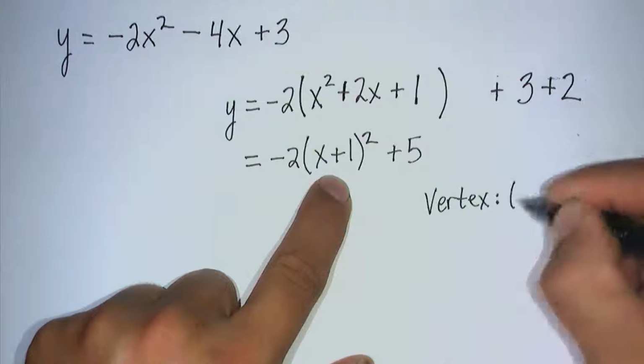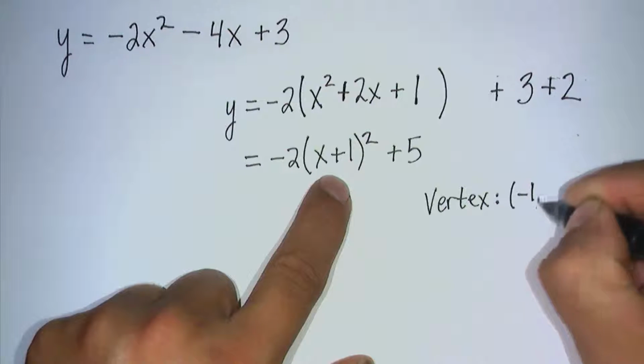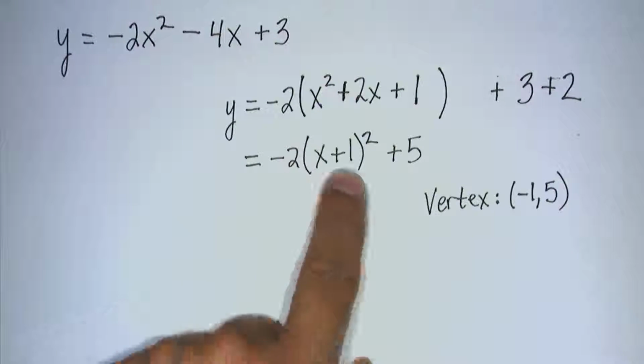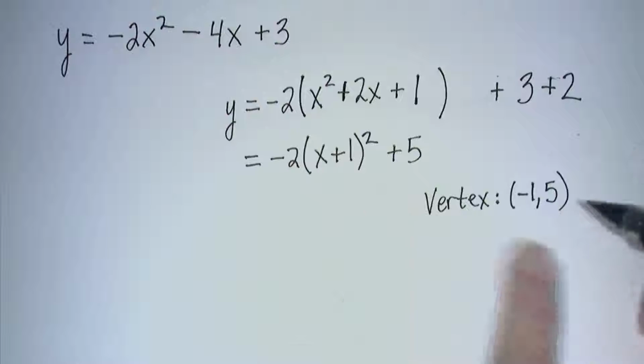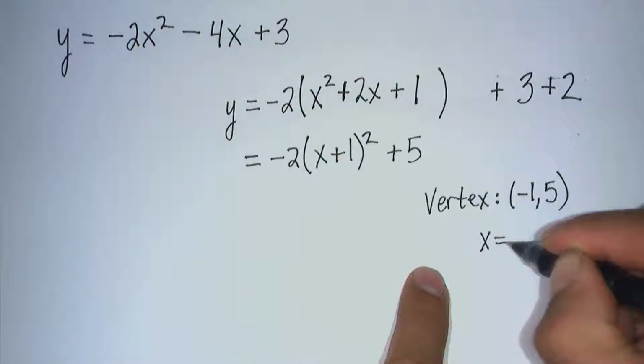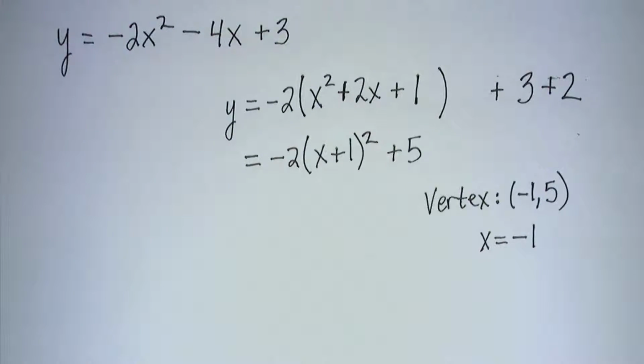The vertex is at negative 1, 5, because this is a plus. So that means the axis of symmetry is the line x equals negative 1. So that's where it's going to fold right down the middle.